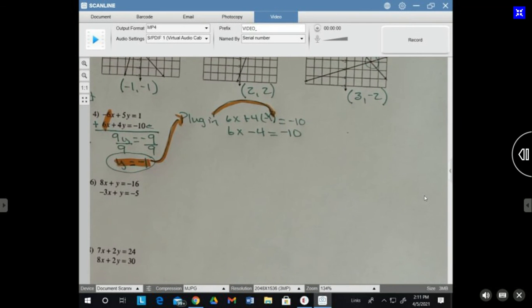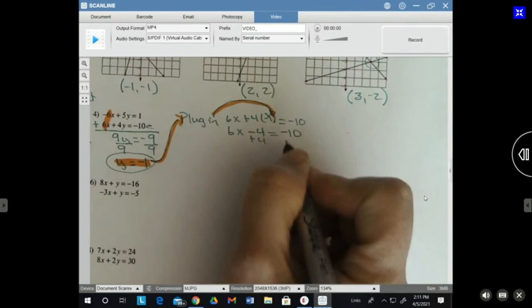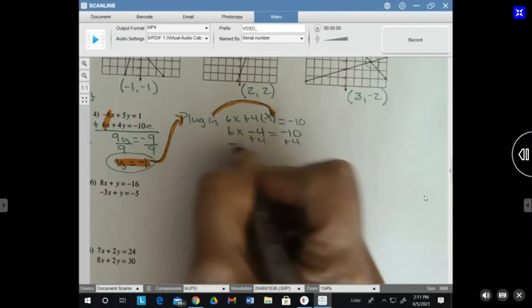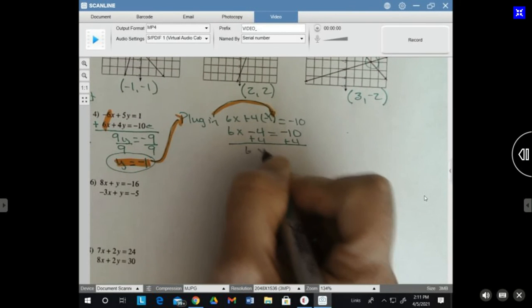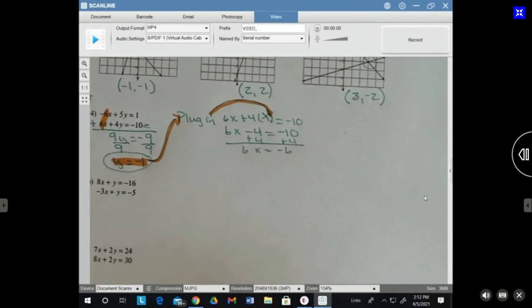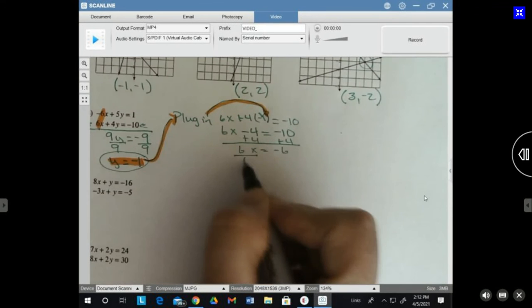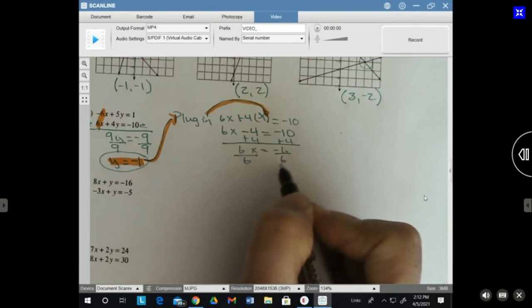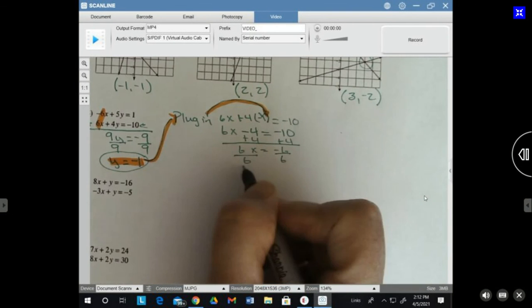Two-step. What should I do? So 6x equals negative 6. Divided by 6. Okay. X equals negative 1.